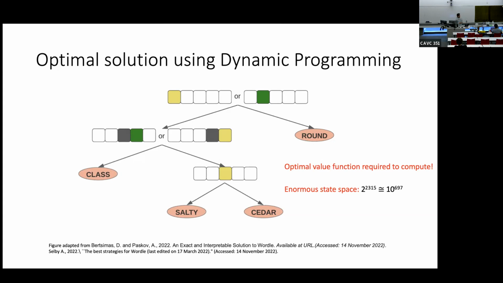Solving this optimally using a dynamic programming approach, especially if you use backpropagation, is completely impractical given the enormous state space size. There are 2 works currently that actually found an optimal solution by running the program using recursion over multiple days, in fact. So that's how computationally inefficient finding an optimal solution is, but it's a good benchmark to have at least.